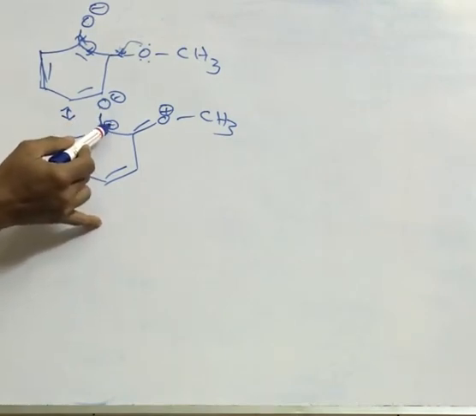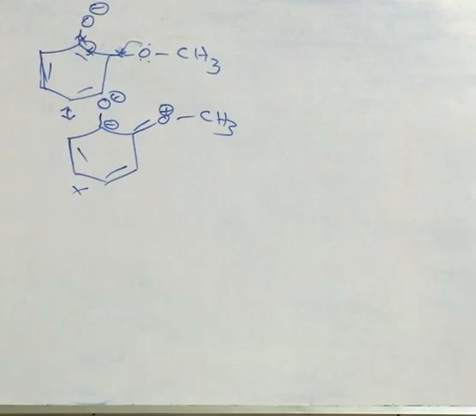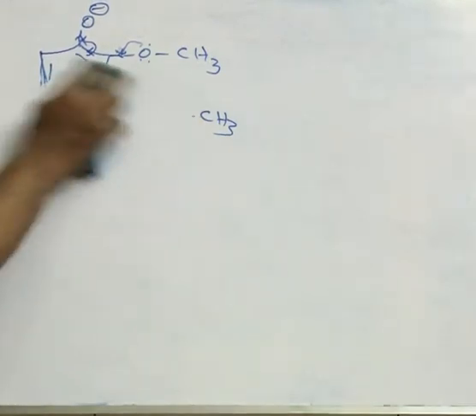It cannot hold the negative charge. Even if it holds, and there are negative charges nearby, they will both repel each other. So this structure will get destabilized. So the resonance structure is not fully stabilized. So methoxy phenoxide ion is not stable. That's why it cannot easily lose the H plus ions. This is one question. Next one.